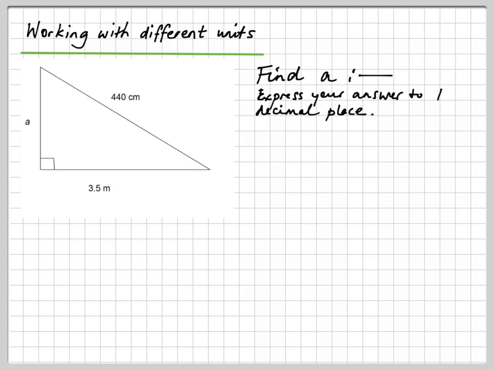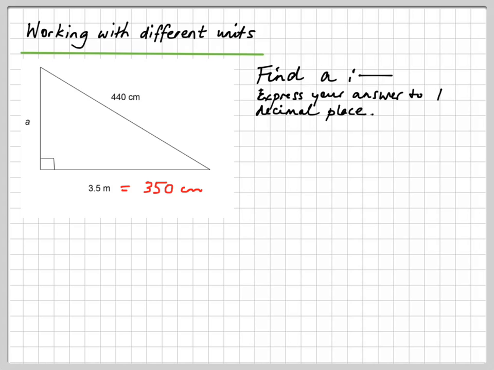Now look guys, if you look at that triangle, okay, what have we got? We've got 440 centimetres there and we've got 3.5 metres there. Well, that spells danger. You have to work with consistent units.